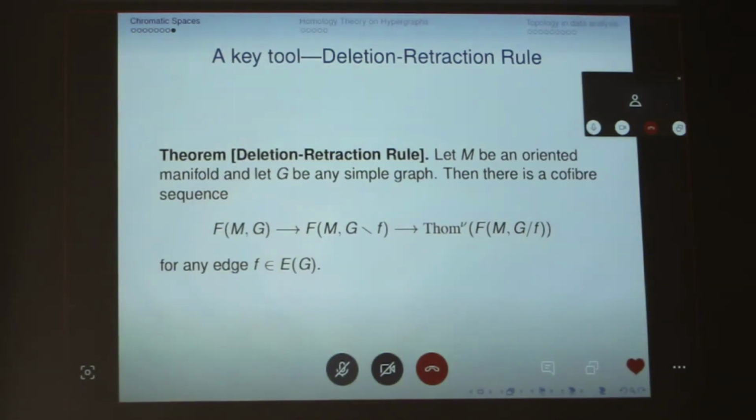Because at each step, say when I apply the deletion-contraction law to one edge, that is actually a cofiber sequence, which means I have a long exact sequence. So it will be for the general case, and of course we will take it step by step to approach that.